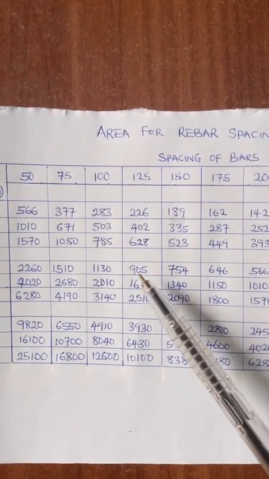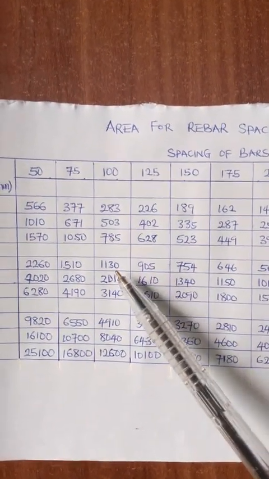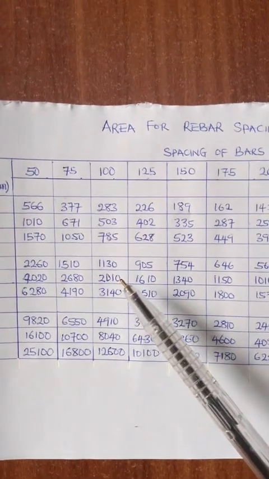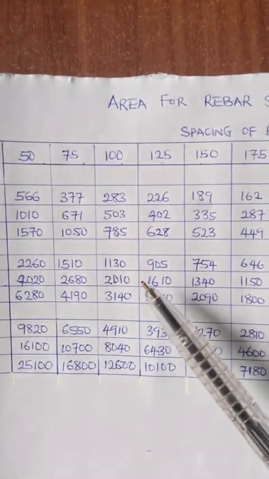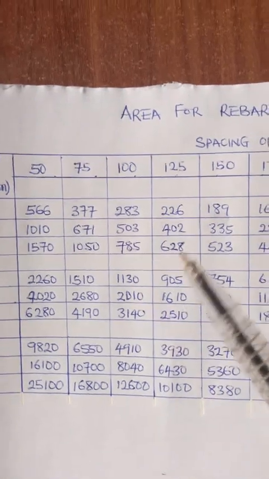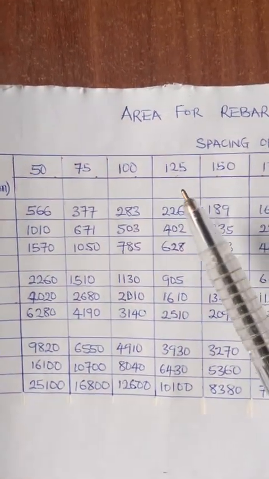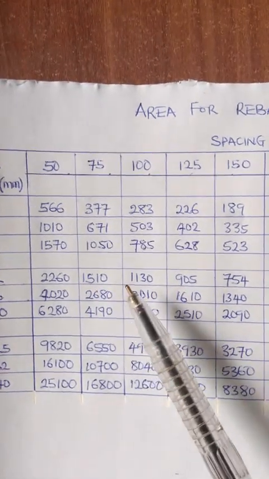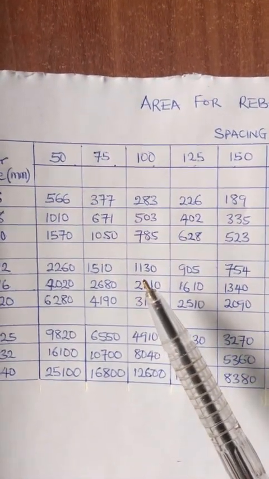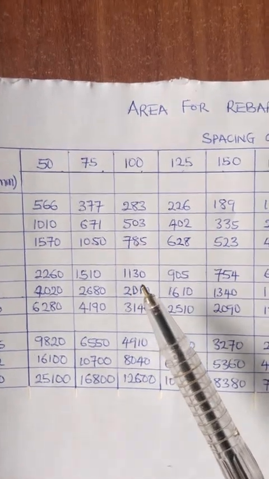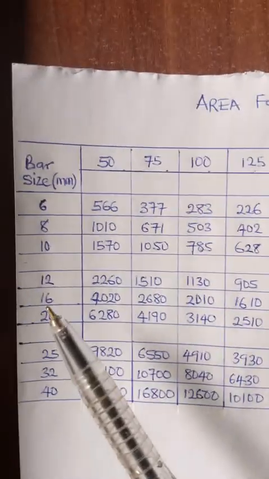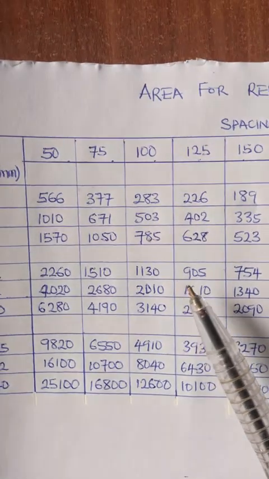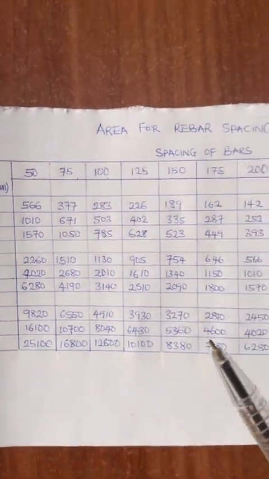Now if you choose this, it means that you have more reinforcement because of the spacing. So it means that on this side, the spacing is closer. If you choose any of this, it is safe, but it's not economical because you have more reinforcement, more of 12 mm to be used. So this is how you use this table.